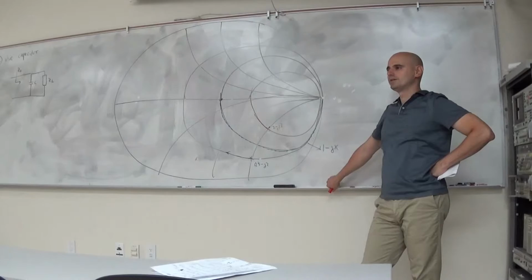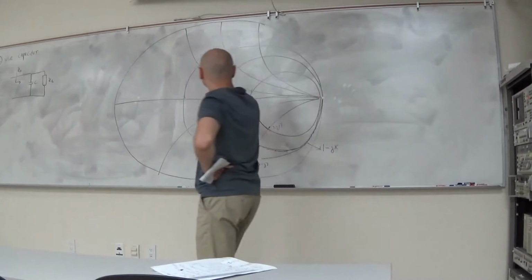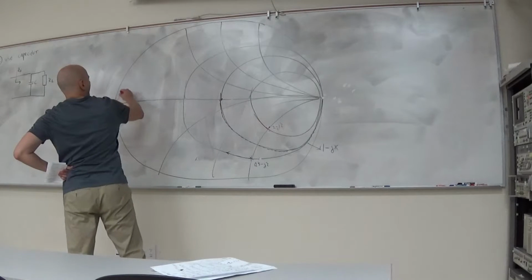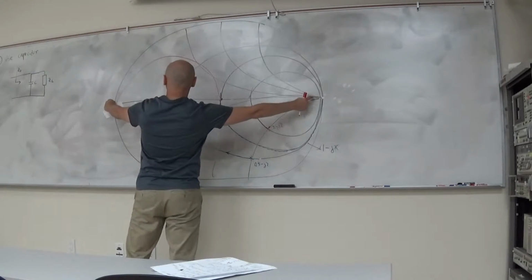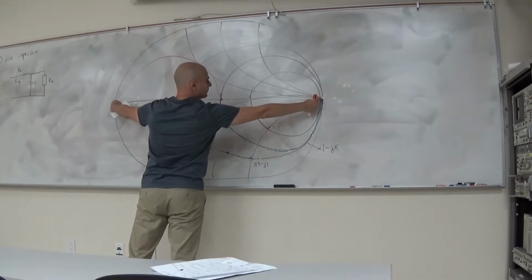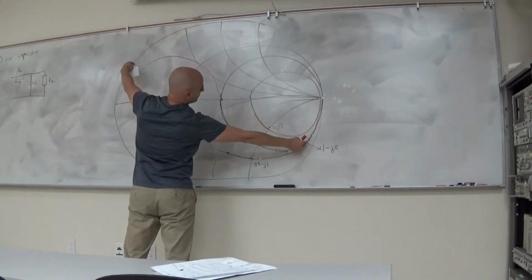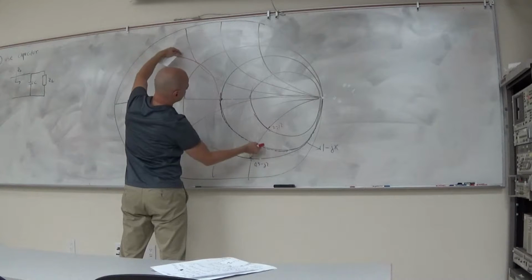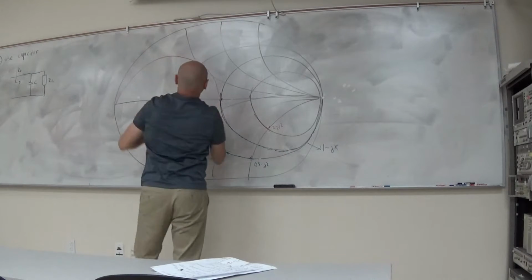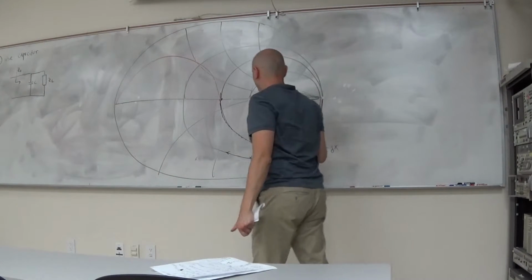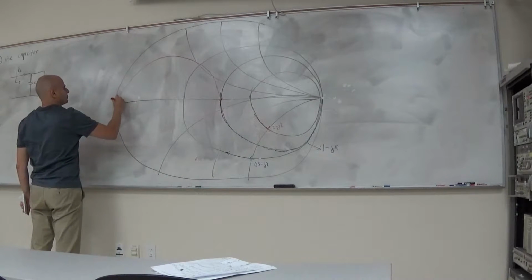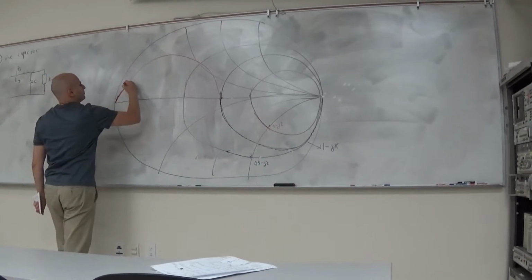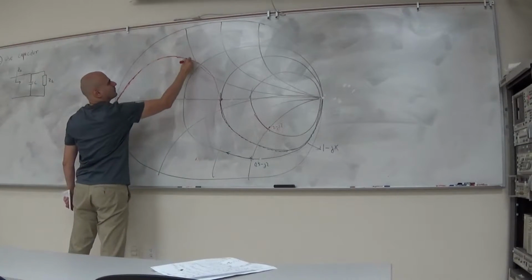Exactly the same thing, it will look like this. If you map this point to this point, then you map here, it just keeps mapping, mapping, mapping. All right, so my ZL, if I'm using a shunt C, has to be here.